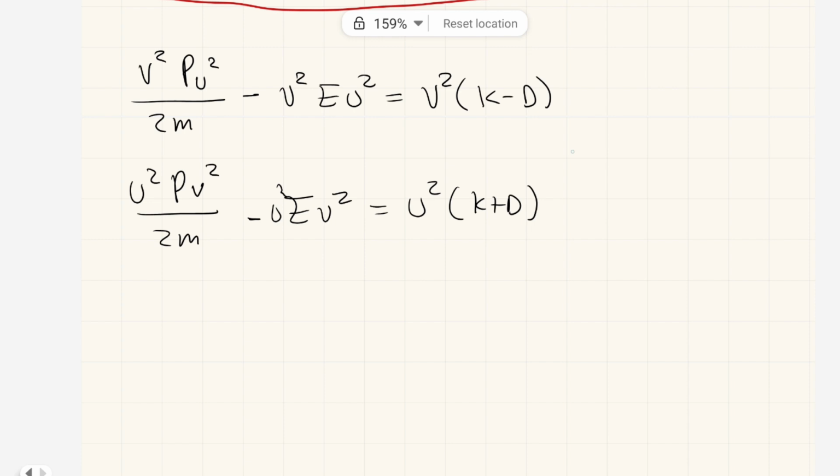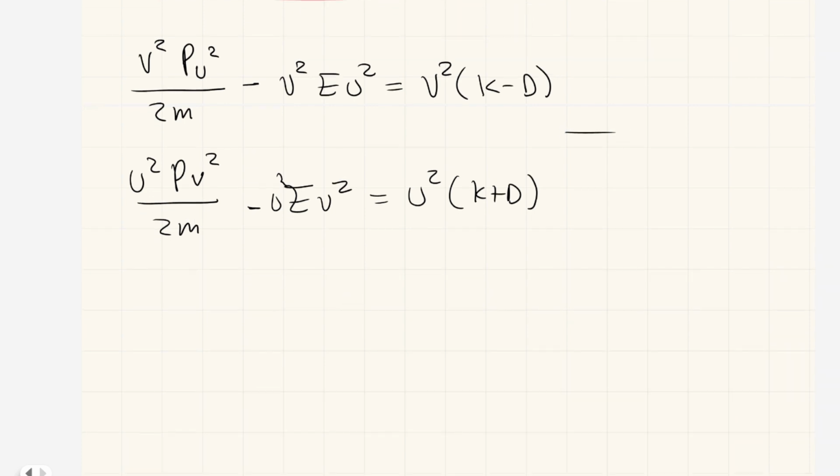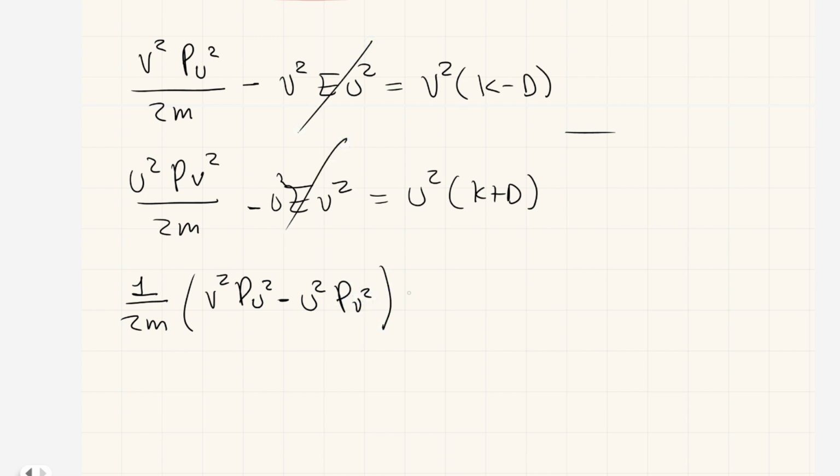So again, like I mentioned, we are going to subtract these equations, and we are going to get 1 divided by 2m times v squared pu squared minus u squared pv squared. This will cancel, and here we are going to get k times v squared minus u squared, and then minus d times u squared plus v squared.